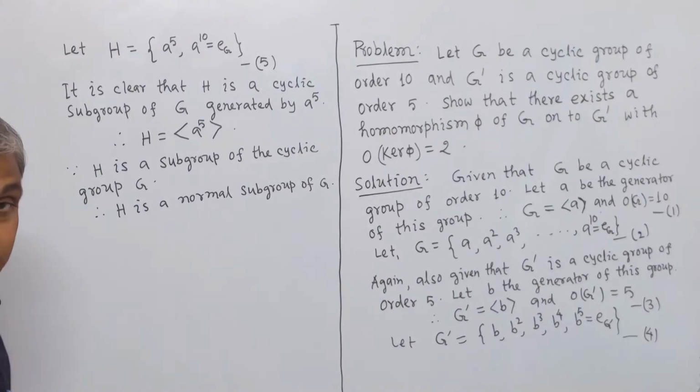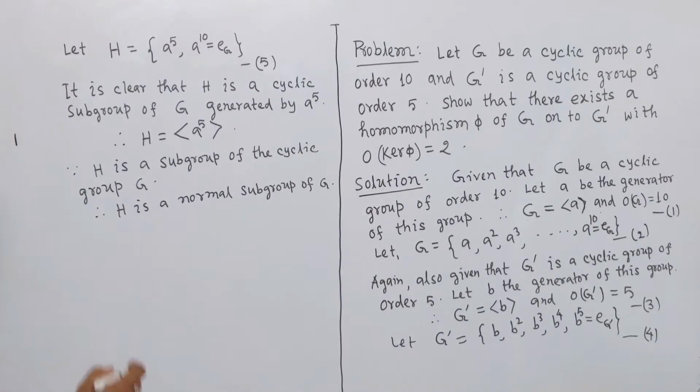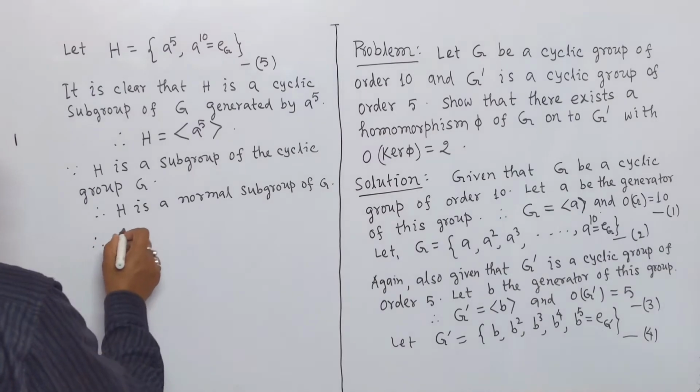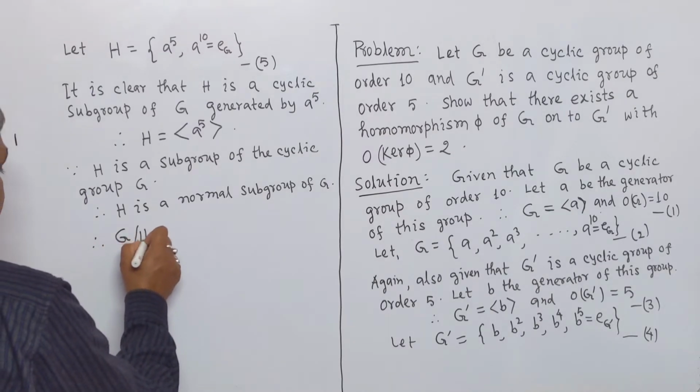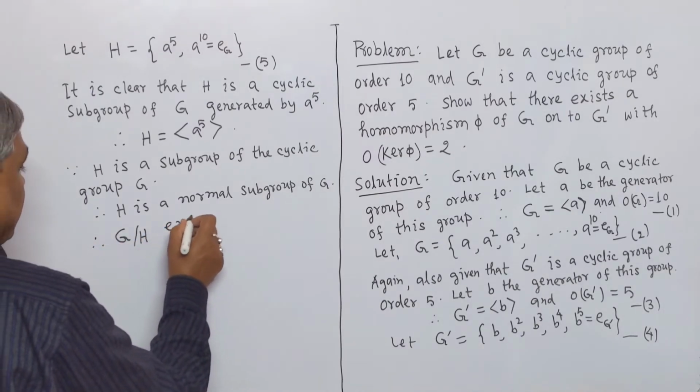H is a normal subgroup means the quotient group G by H exists.